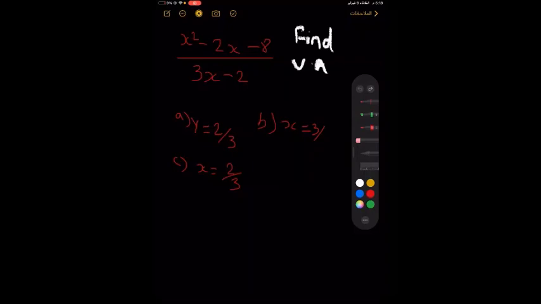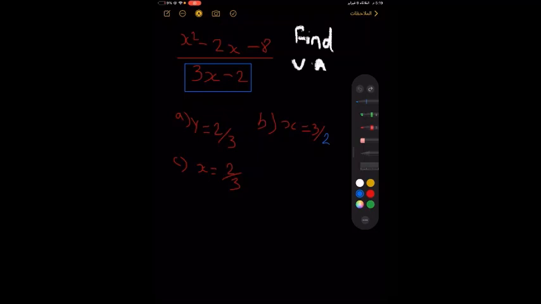Question: they want us to find the vertical asymptote. So first of all, to find the vertical asymptote, you need to look at the denominator, and they give us three choices: a, y equals 2 over 3, b, x equals 3 over 2, and c, x equals 2 over 3.